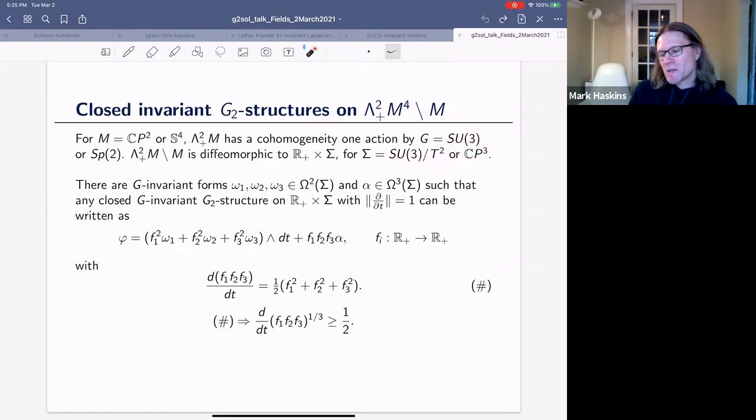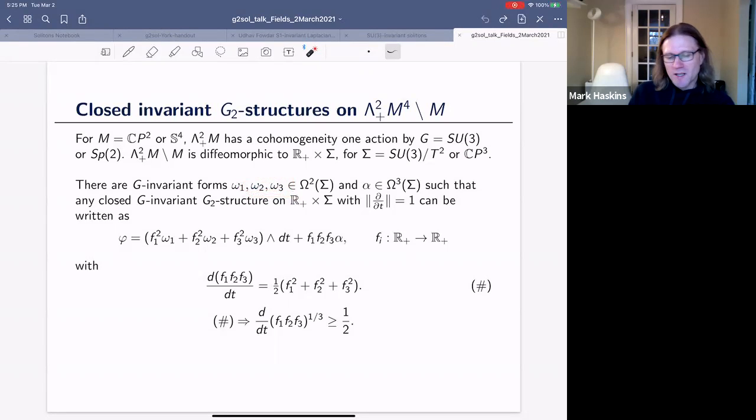Okay, so then this is the case of SU(3). You can regard the CP2 case as a subcase, as Clayton and Swan realized, that basically in that case there are only two forms, a combination of these two forms here.